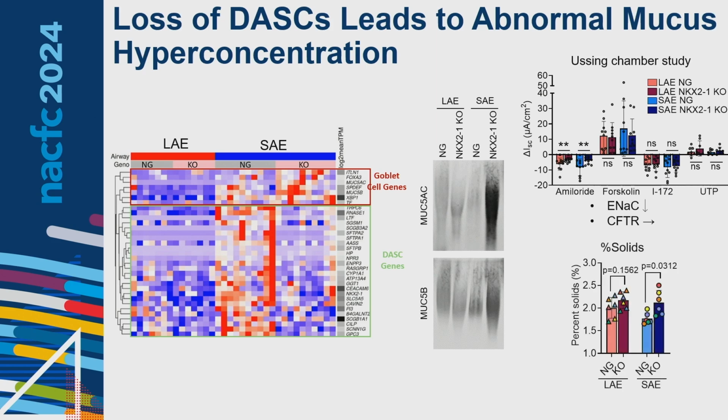But interestingly enough, we performed a percent solids analysis, and we saw that the SAE NKX2.1 knockout samples had increased percent solids despite having decreased ENaC function. So this suggests that the increase in goblet cells overcomes the more dilute mucus, or decrease in ENaC function.